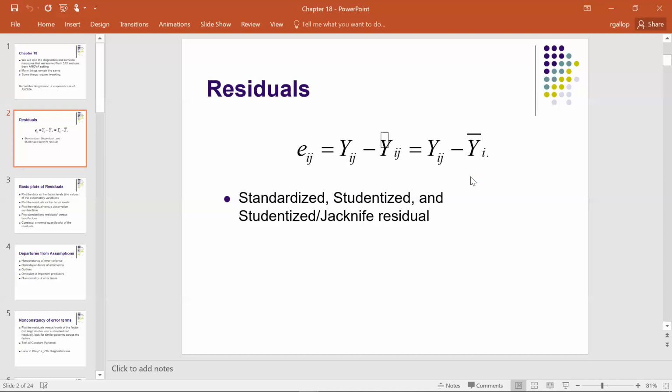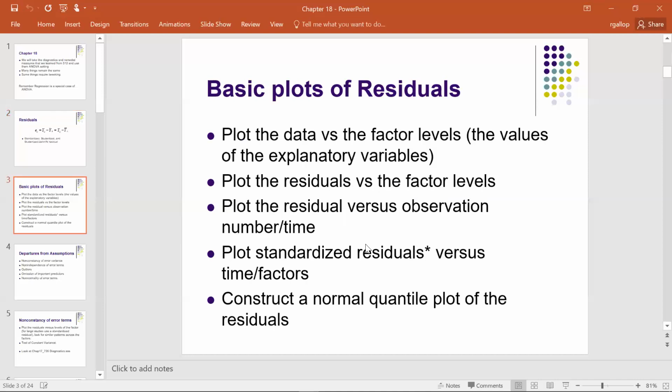To really get these outliers, one of the things you saw in 5.12 that was really helpful is getting the studentized or standardized residuals. There's a bunch of different forms of the standardized residuals, but if you remember from 5.12, the jackknife residuals, which are really the standardized residuals excluding that observation, seem to be the most robust as far as identifying outliers. So that becomes really one of the big components we want to use to identify them.